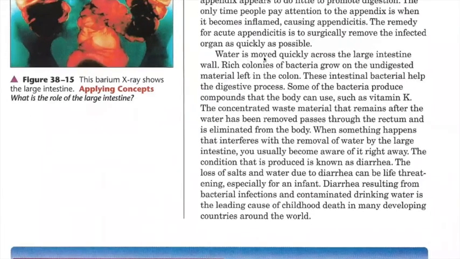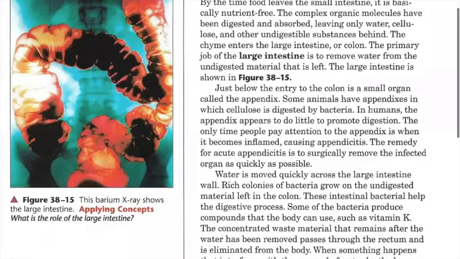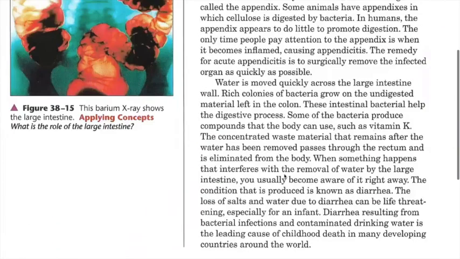Water is moved quickly across the large intestine wall. Rich colonies of bacteria grow on the undigested material left in the colon. These intestinal bacteria help the digestive process. Some of the bacteria produce compounds that the body can use, such as vitamin K. Basically, guys, there's good bacteria that helps you break down the stuff that you couldn't break down.